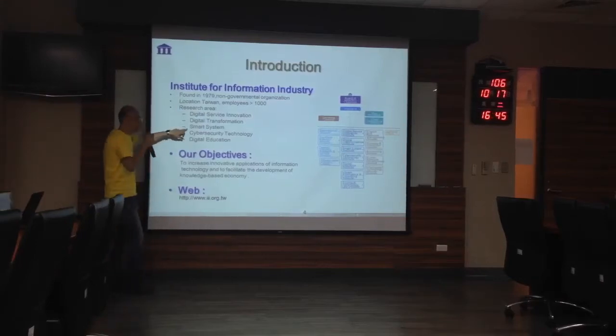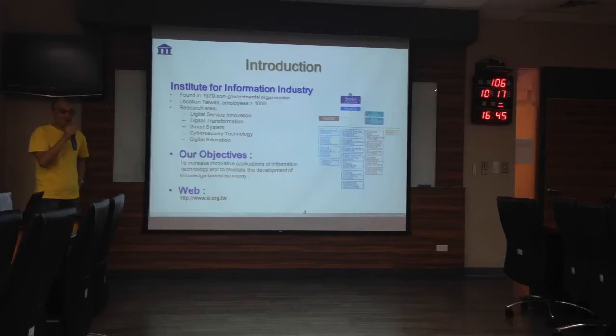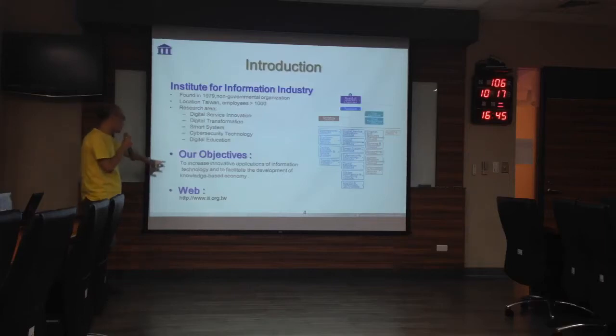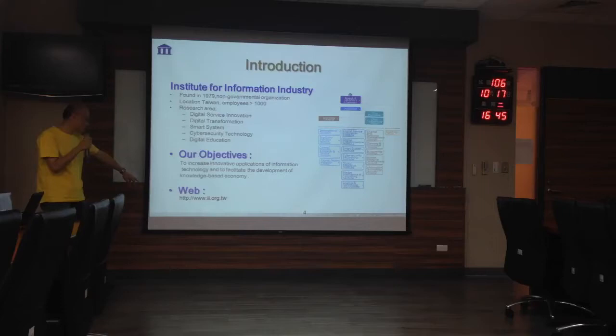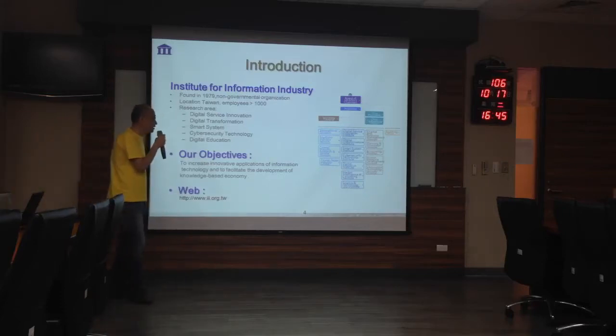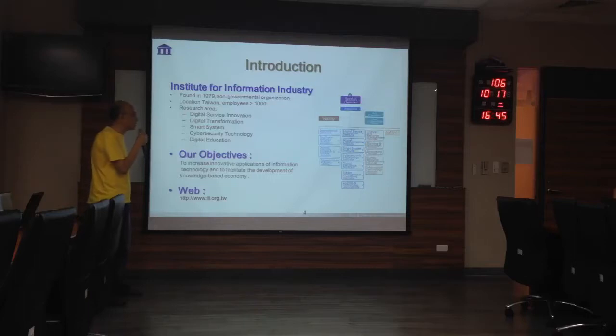I belong to smart system, and our team is focused on SDN and also OPNFV. So here's our objective, and more detailed information you can reference on our website. And on the right hand side here is our org chart. You can see.